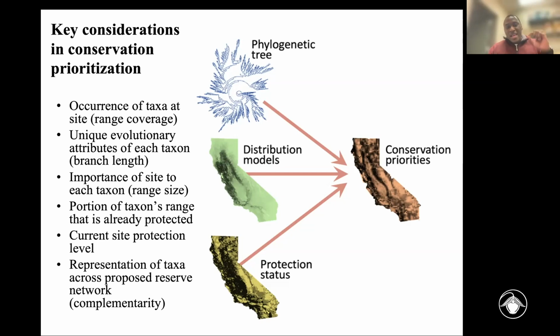So let's say one grid cell is selected as meeting all these requirements, such that it has high unique evolutionary attributes or branch lengths, a higher PD, for example, and the portion of the range size is not already protected in existing protected areas. Then that grid cell is scored or selected.